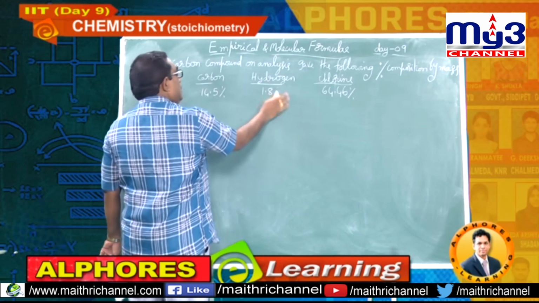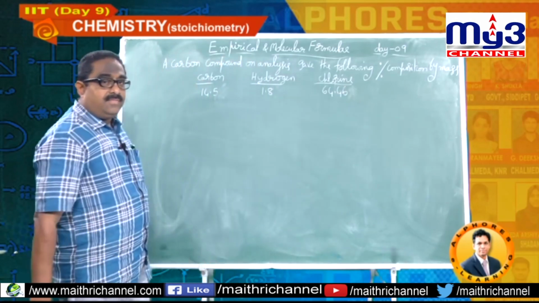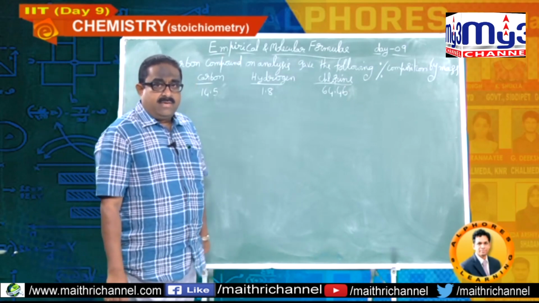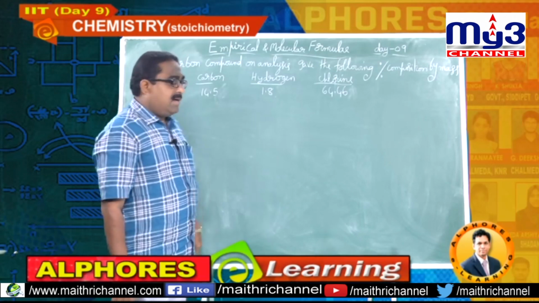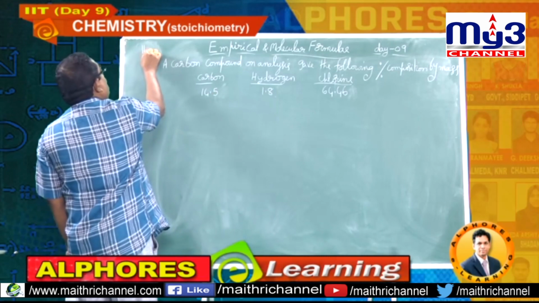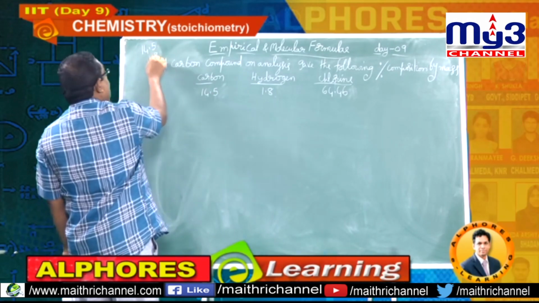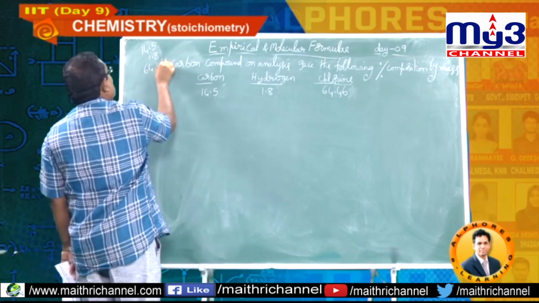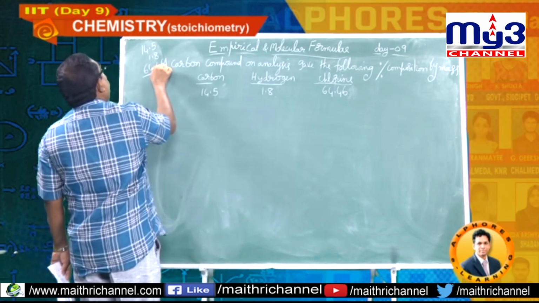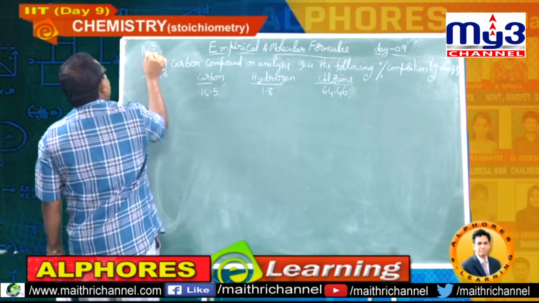Okay, students, right? I am going to evaluate what I have told you. First, you should check whether the total is equal to 100 or not. Let me check first, right? Here I am doing, students, 14.5, 1.8, 64.46, 6, 12 plus 5, 17, 5, 6, 4, 10, and 6 plus 1, 7, 8.